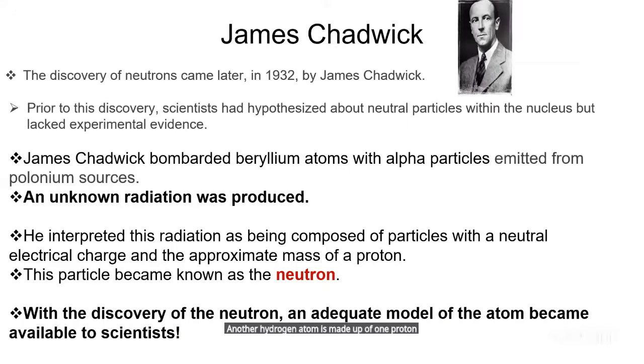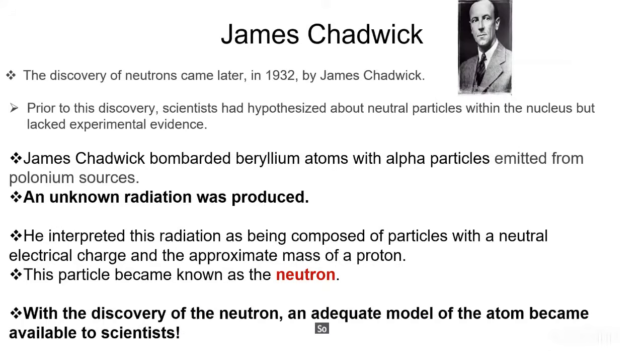So if I bring 2 hydrogen atoms, I will be having 2 protons, which means that the weight of 2 hydrogen atoms, if there is nothing else in the nucleus, that is only protons in the nucleus, must be equal to the weight of 1 helium atom.